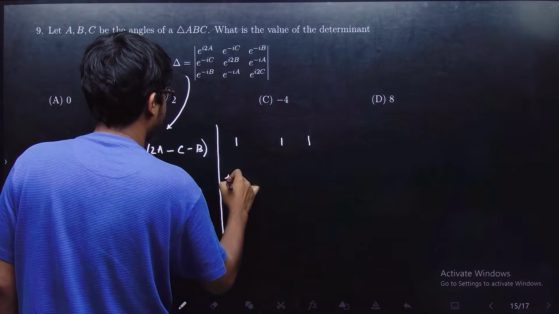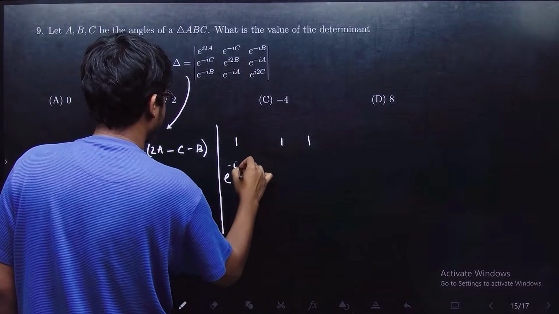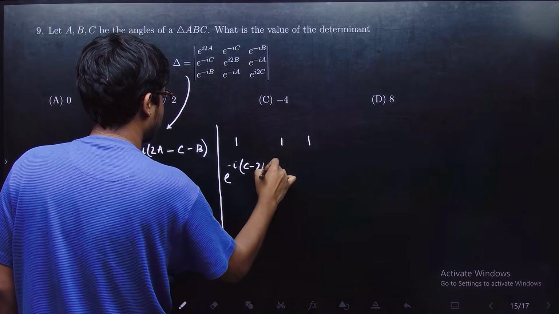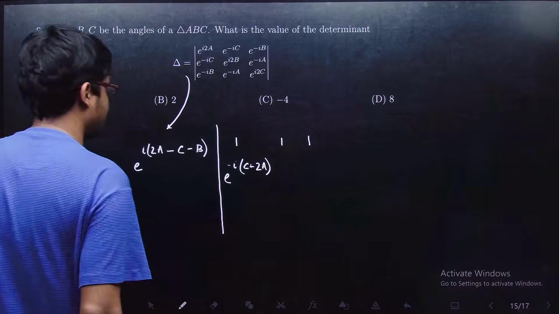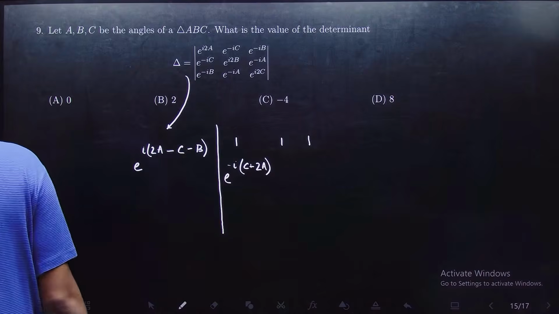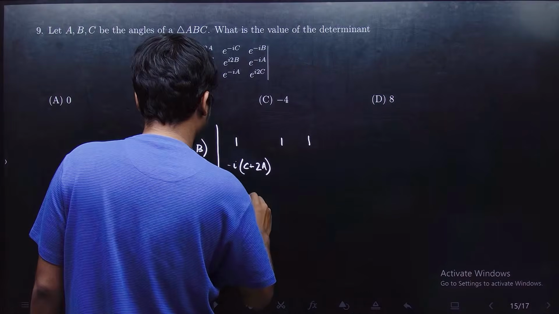Second one is going to be e to the power minus iota, you're taking this, right? So minus iota c plus 2a, sorry, iota c plus 2a cancels out, fine. This one will become e to the power minus iota b plus 2a.